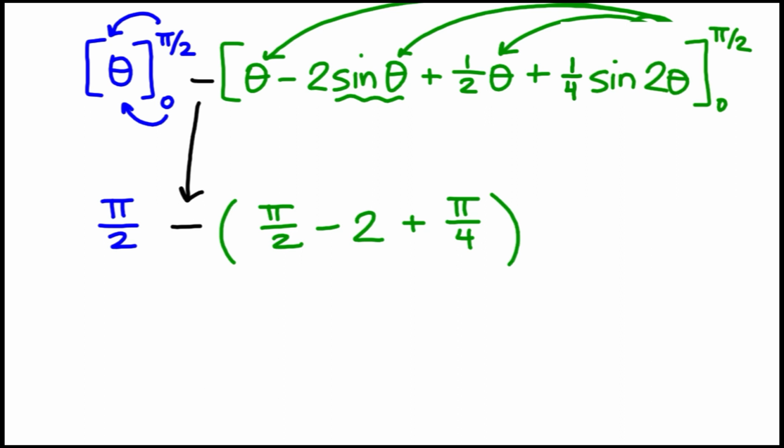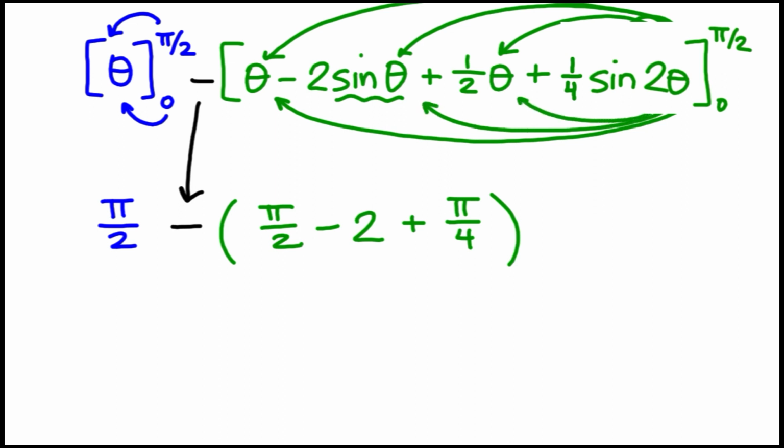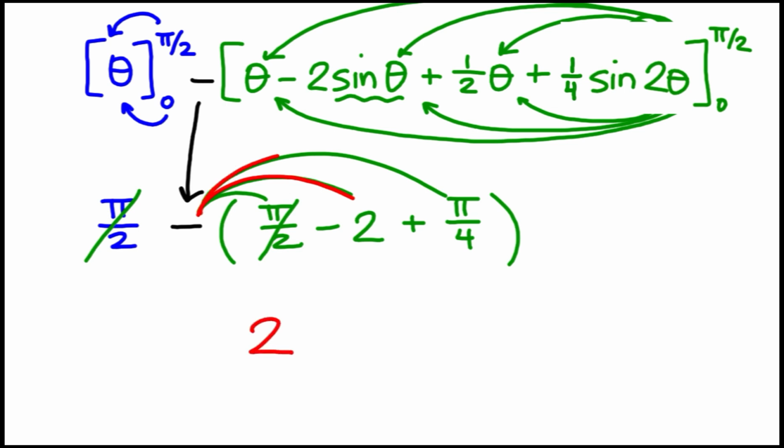And I think it's pretty easy to see if you plug the 0 in everywhere, you're going to get a whole bunch of zeros. You're going to get a whole bunch of nothing. So I'm not going to bother with that. We do have to do the distributive property here. The pi over 2 will knock the negative pi over 2 out, but we are going to get a couple other things happening. Negative times negative will be positive: 2 minus pi over 4.